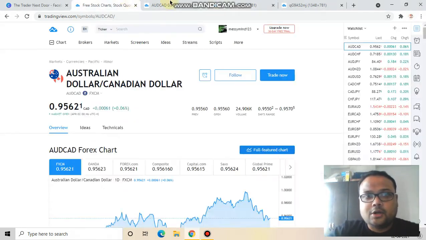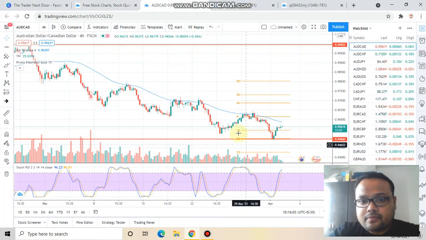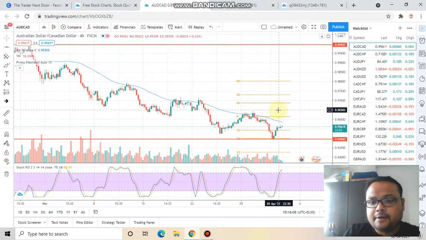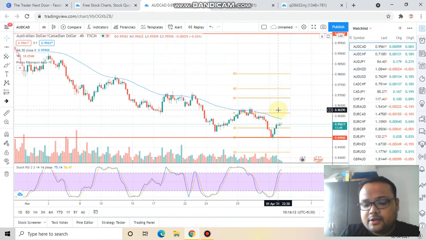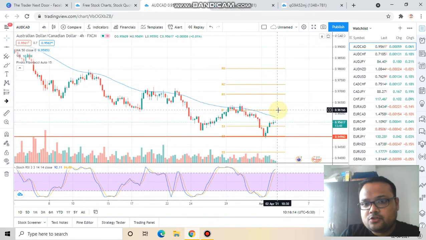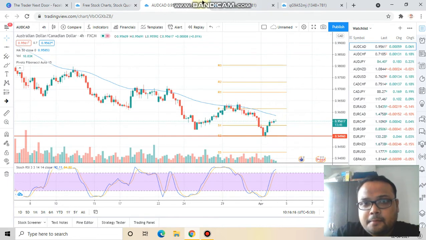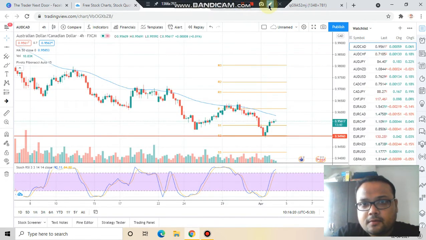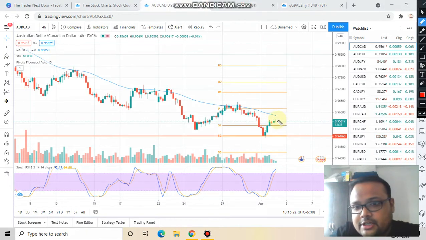Therefore, what should be the strategy then? As you can see, the market is going up again, and if I zoom in on the chart, you can see that the market is facing some price rejection from above.